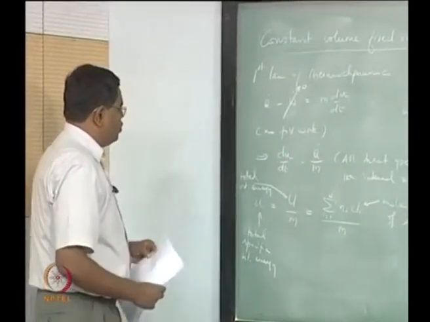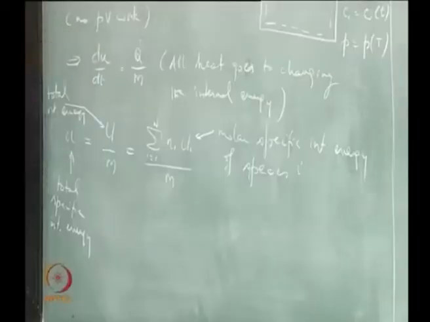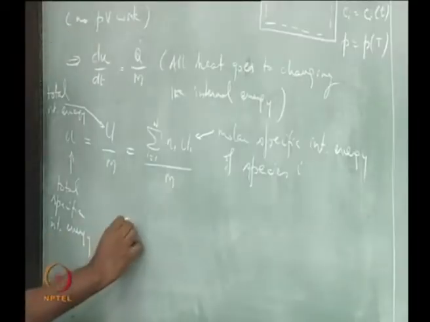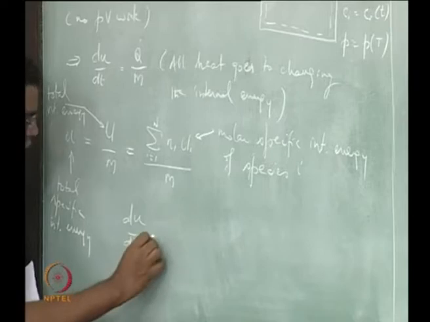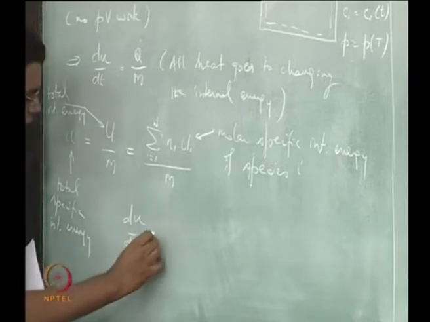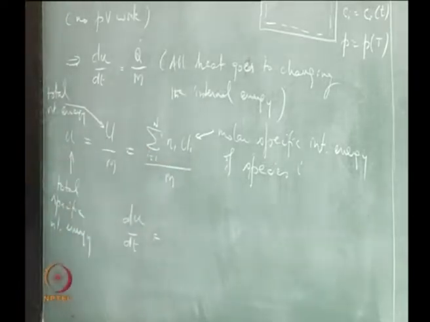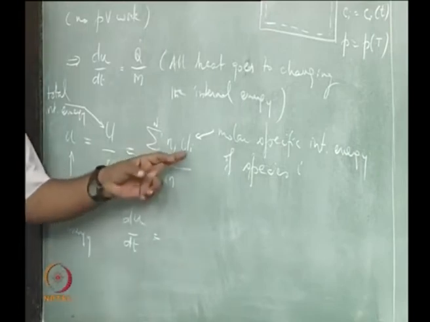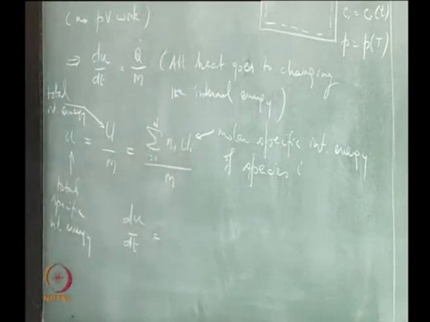So if you are now looking for du over dt, it changes because of two things. One is the number of moles that changes with respect to time, as well as the internal energy of species i that changes with respect to time.